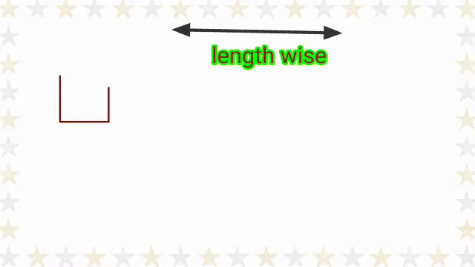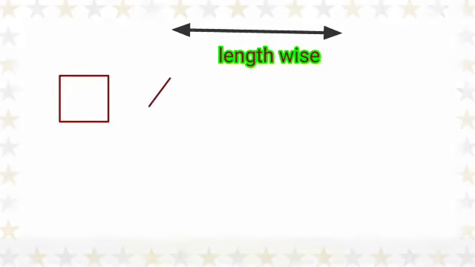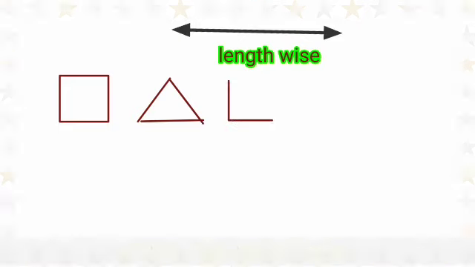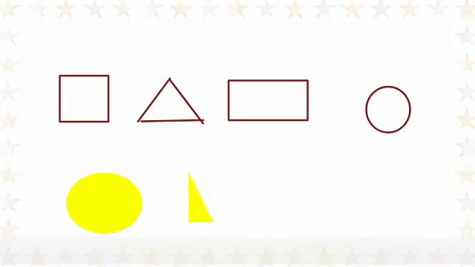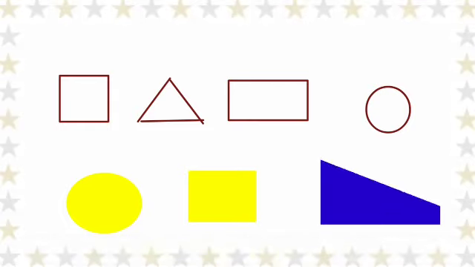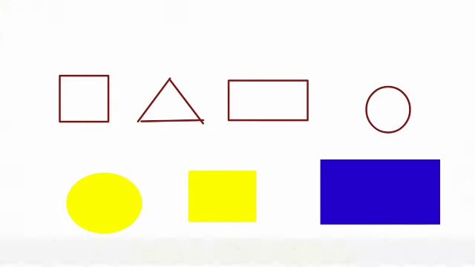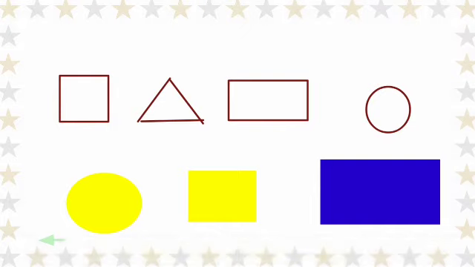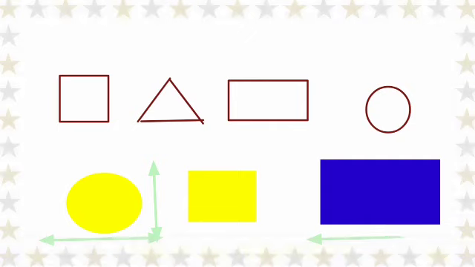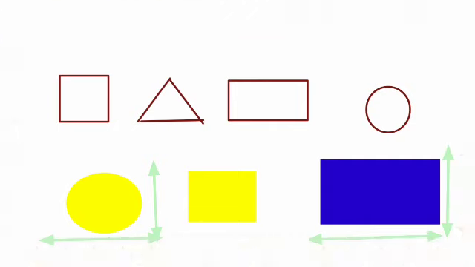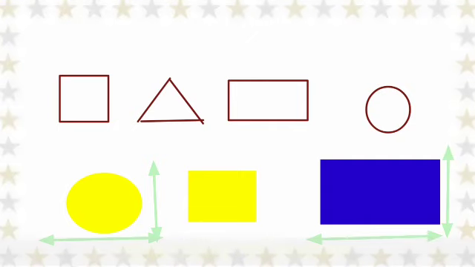Now let's distinguish these based on shapes. You can see here a line which spreads only lengthwise, whereas a square, triangle, a rectangle or a circle, all these spread over a plane which spreads lengthwise as well as breadthwise over the two dimensions, length and breadth.